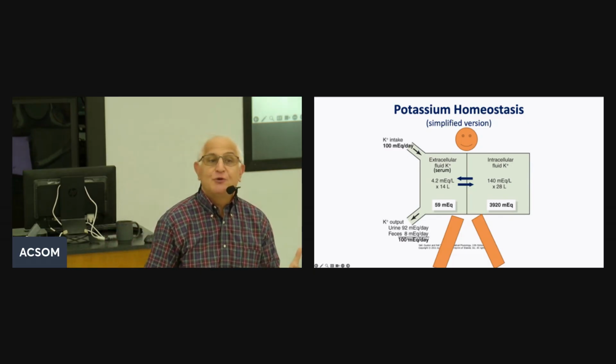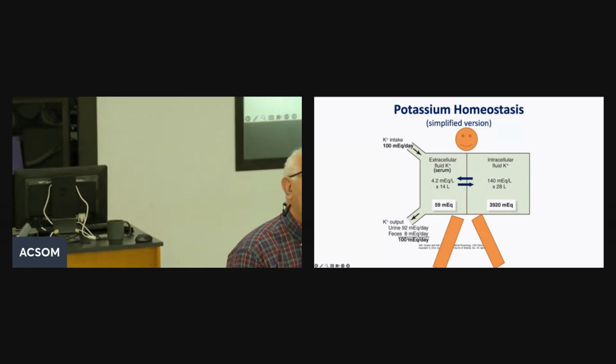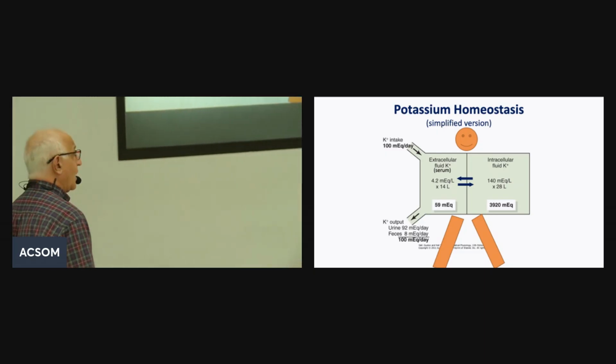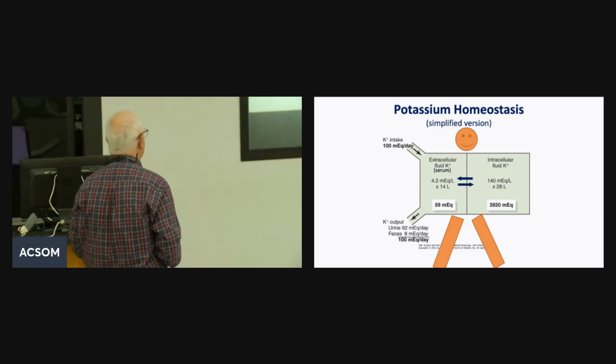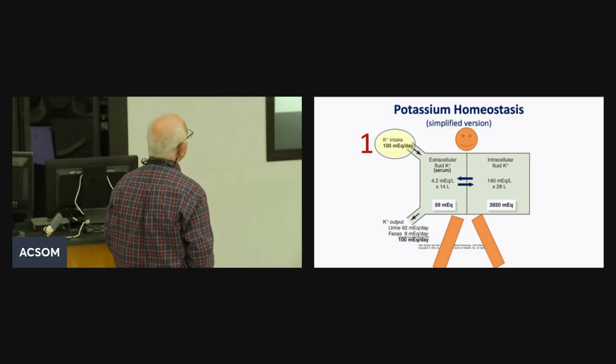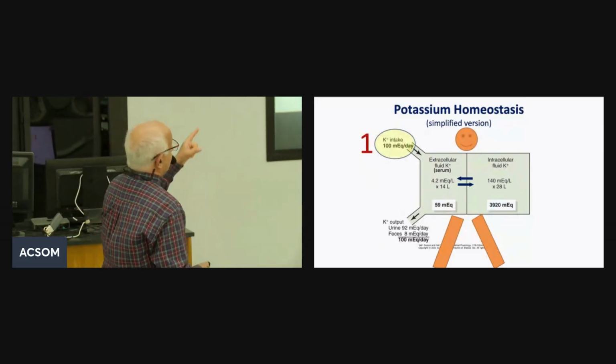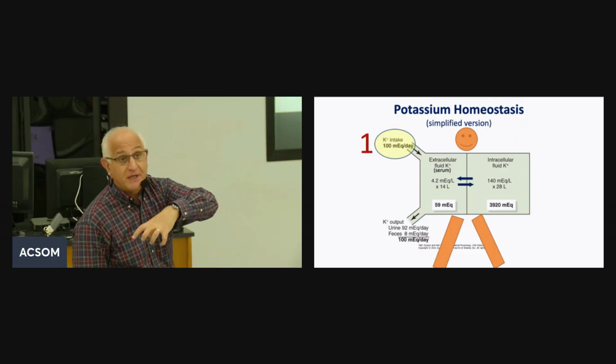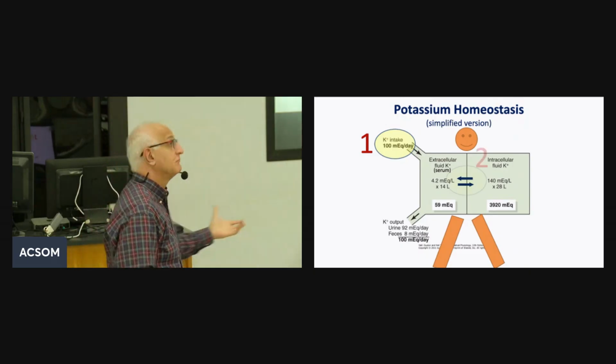Okay. This is all you need to know about hyperkalemia, hypokalemia. How do I apply this concept to hypo and hyperkalemia? Here we are. One problem might be here. If we have hypo or hyperkalemia, it could be low intake or high intake.